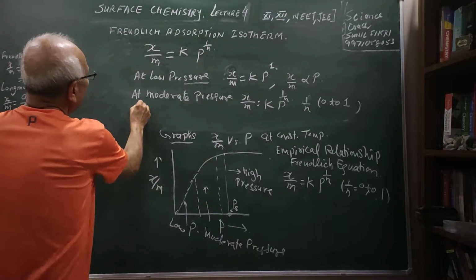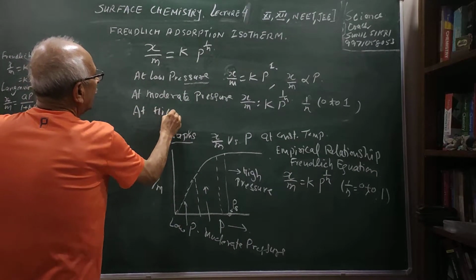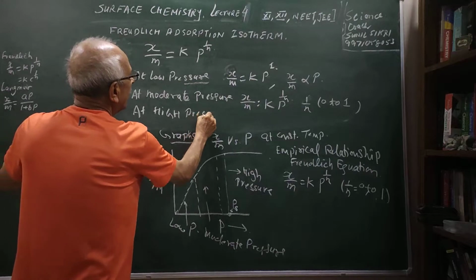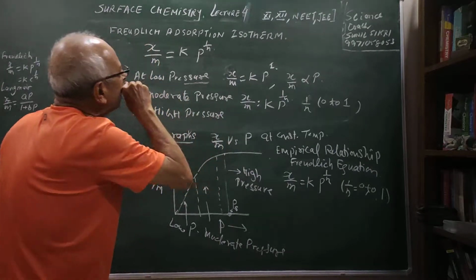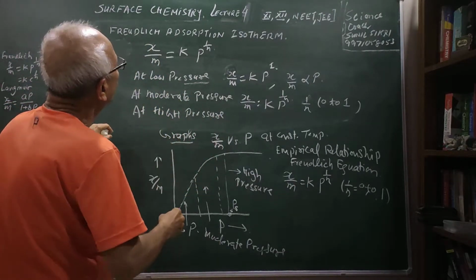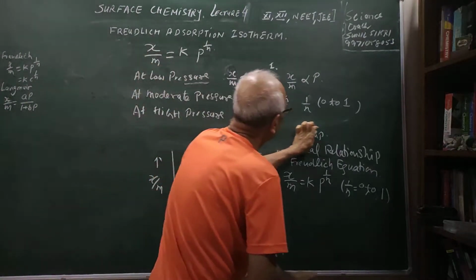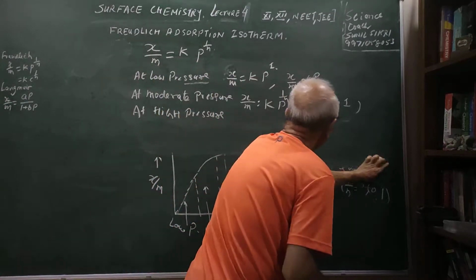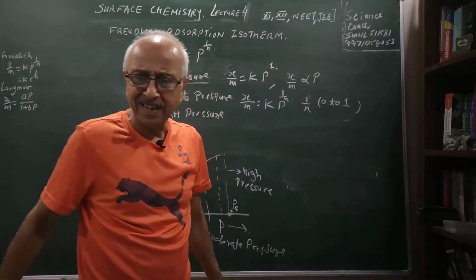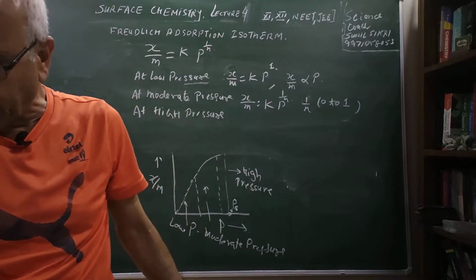So at very high pressure, what is happening? When the pressure becomes very large, we get saturation. There is no more increase in adsorption when the pressure becomes very high.